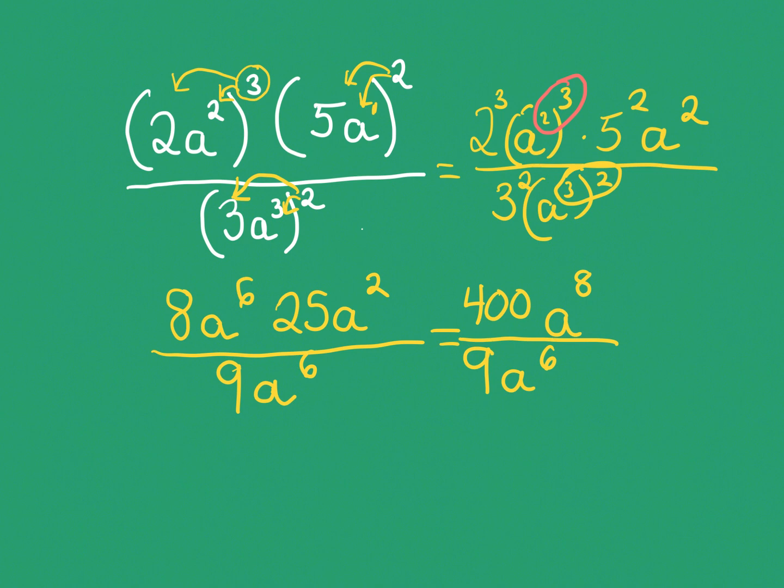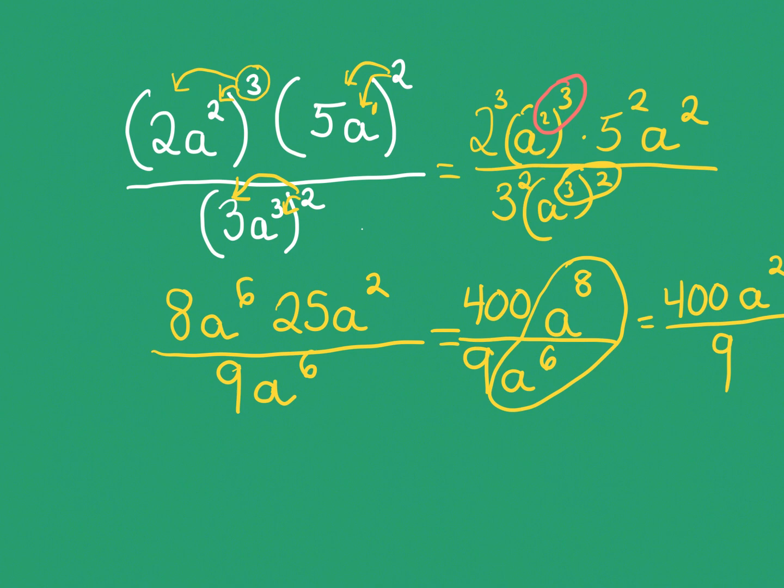This can be simplified looking at these a terms by subtracting exponents. A to the eighth over a to the sixth is a squared, as 8 minus 6 is 2. If you look at our whole numbers, 400 over 9, there's actually no common factors between 400 and 9, so we actually cannot simplify these.